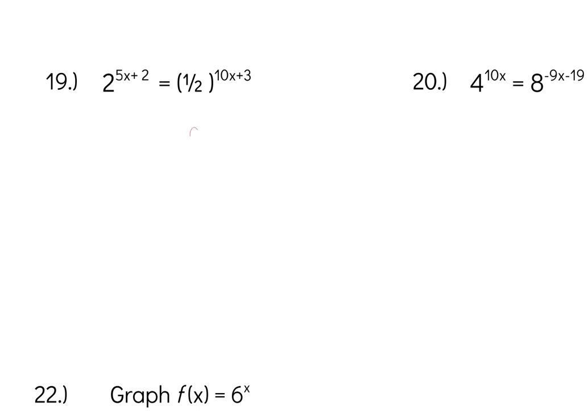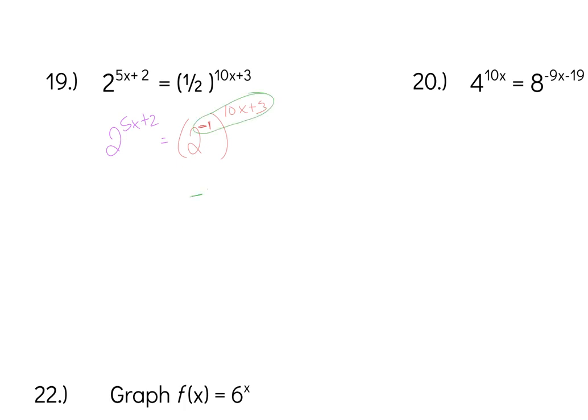1/2, if we were to flip it, would be 2 to the negative 1 power, and that is being raised to the 10x plus 3 power. And on the left side, we have 2 to the 5x plus 2 power. So the bases aren't quite the same. I mean, I guess the bases are the same, but I just haven't distributed that yet.